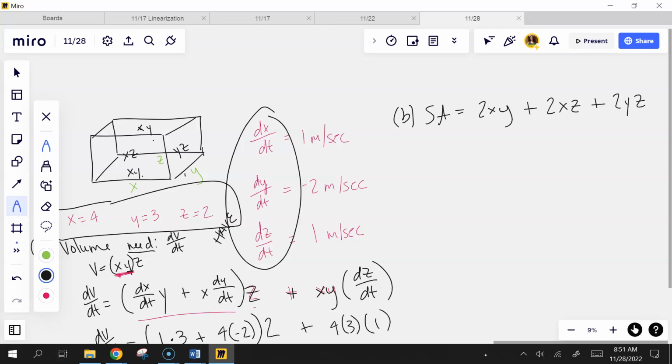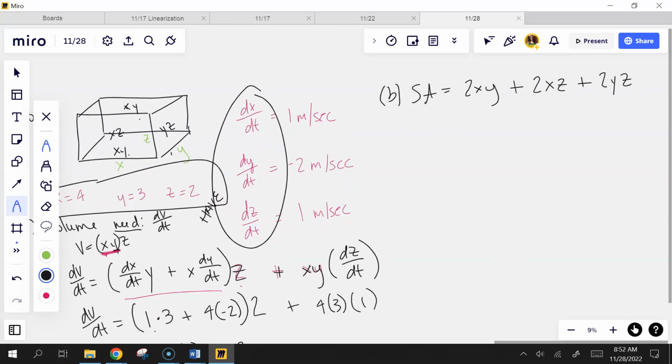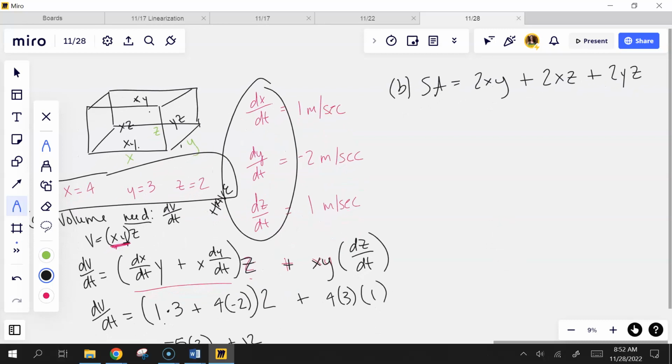So you tell me, how is the surface area changing? What's the rate of surface area changing with respect to time? Do the exact same thing this time, and I put SA, maybe just do A, but now you're trying to find dA dt, right? At what rate is the area changing with respect to time?